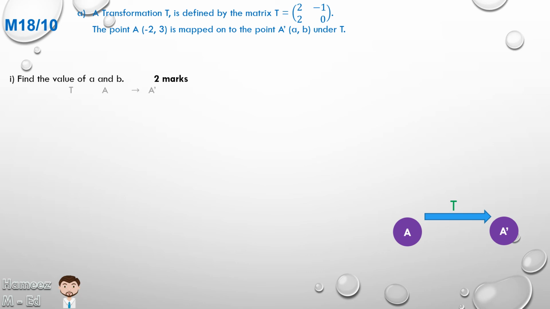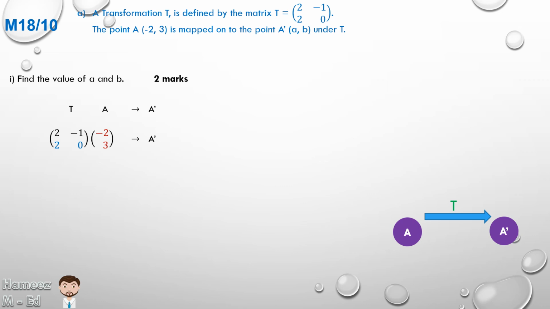So TA is equal to A prime, and T is [2, -1; 2, 0], and we know A is (-2, 3), and this will give us A prime. So let's multiply these together. Let's recall that when we are multiplying matrices, we are multiplying the rows of the first matrix by the columns of the second matrix.